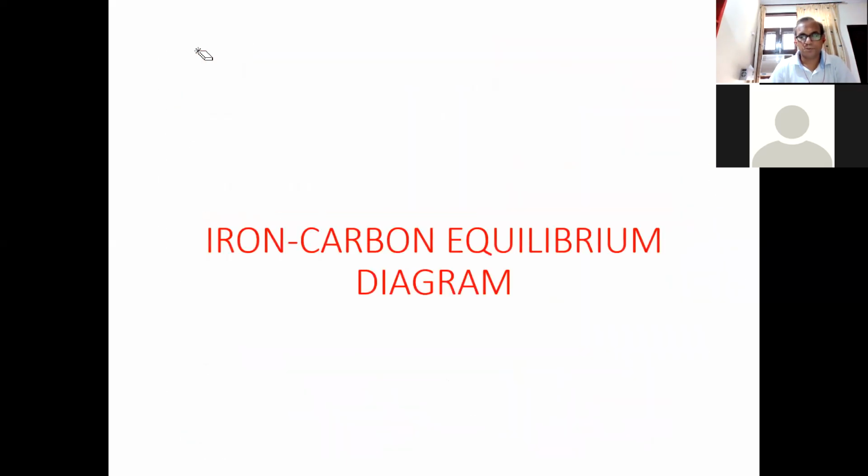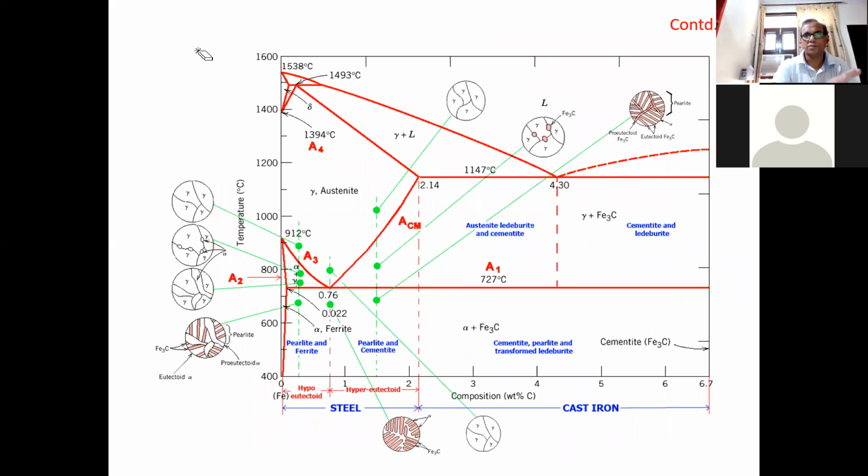Now coming to this diagram. You can see here it is gamma austenite in this whole region. When you come to this, somehow gamma structure is there, as well as some Fe3C also formed, cementite.